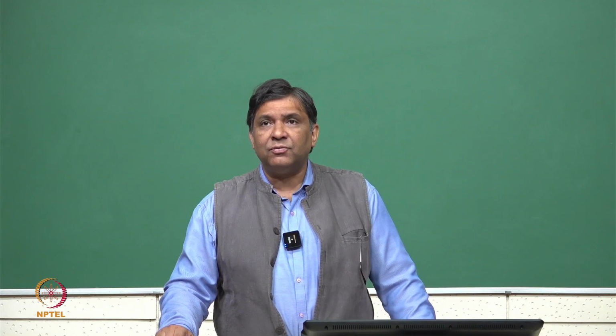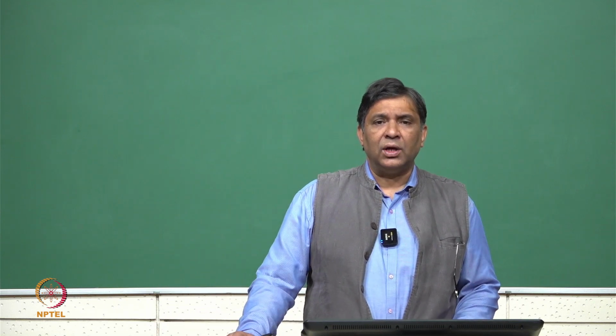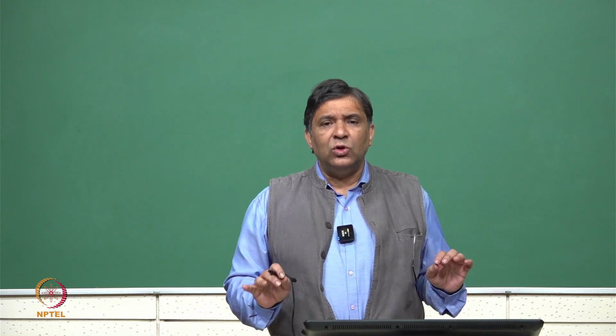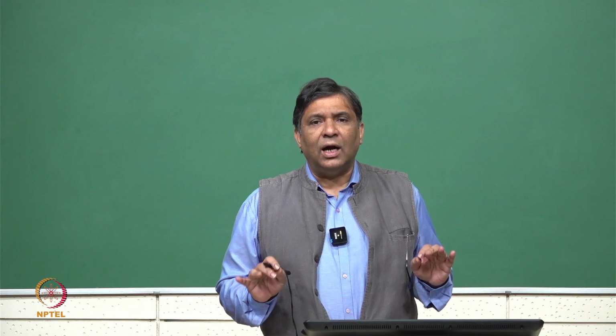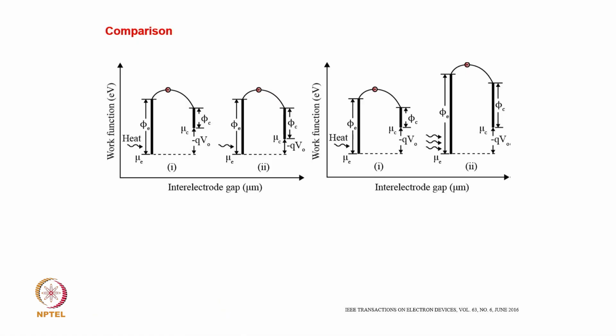So, let me just take a few examples, to see how one starts engineering the materials or the device. You can see these two cases which I have shown, and this is the extra potential for the space charge, this is the work function of the emitter, and this is the work function of the collector.